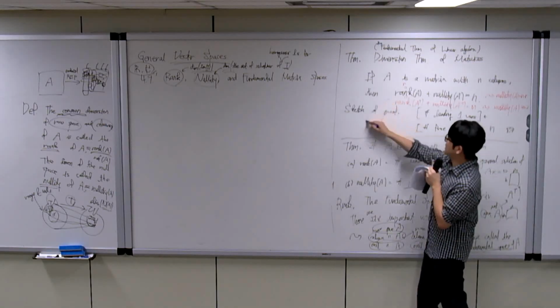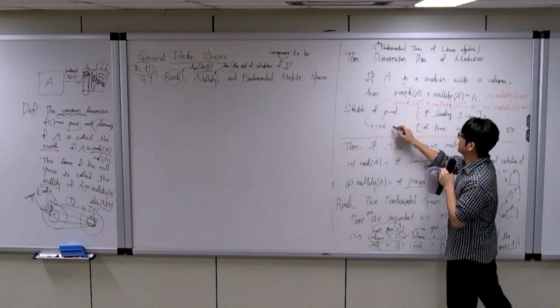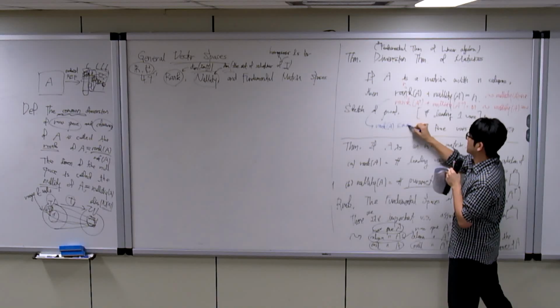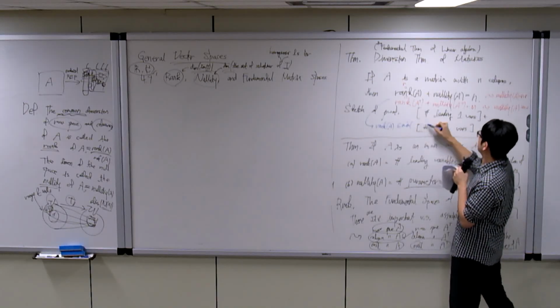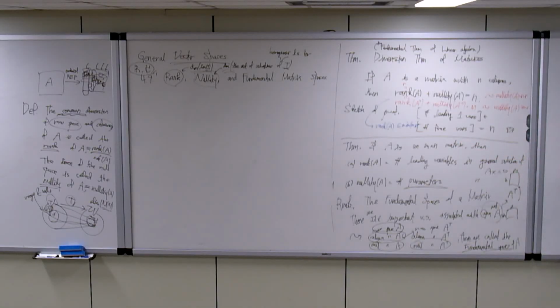It will give the inequality: rank of A is smaller than m or n, where m and n are the sizes of columns or rows.